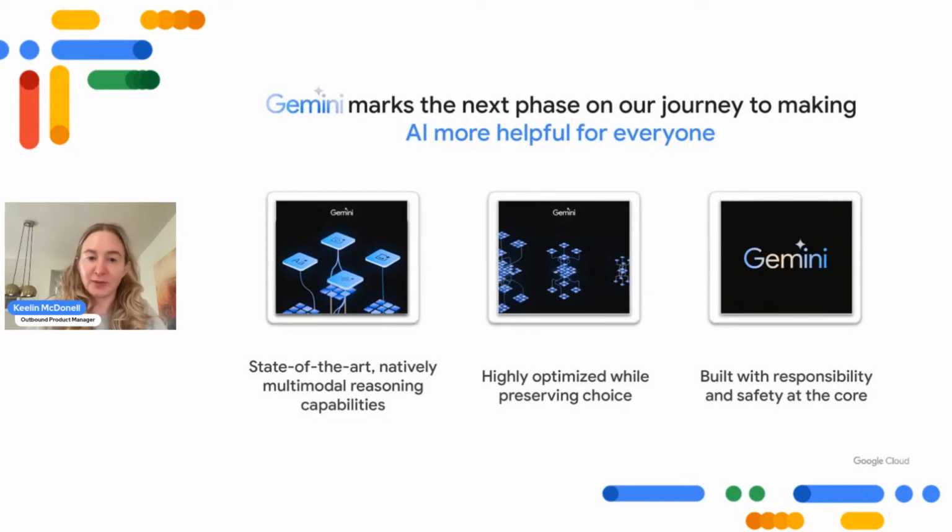Finally, it's really optimized for developers while preserving choice, meaning that it's performant for many use cases. It is multimodal, as we mentioned. It runs on our TPUs, but it also has a lot of flexibility to support a lot of different use cases across industries. And then finally, very important to us at Google, it's built with responsibility and safety at the core. We'll talk a little bit more about some of the safety considerations that we've taken into account in building this model, but we're very proud that that's a core piece of our architecture when building Gemini.